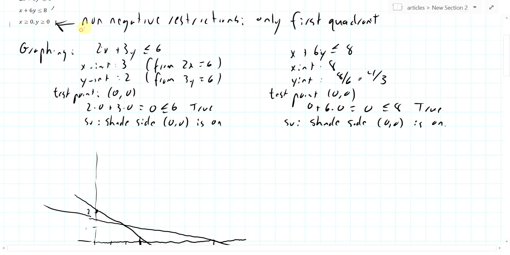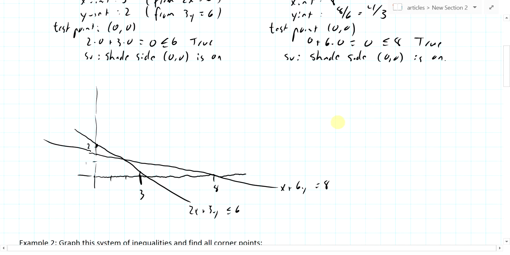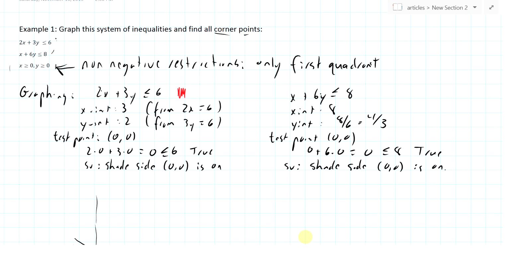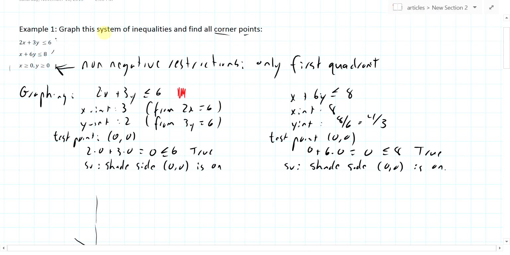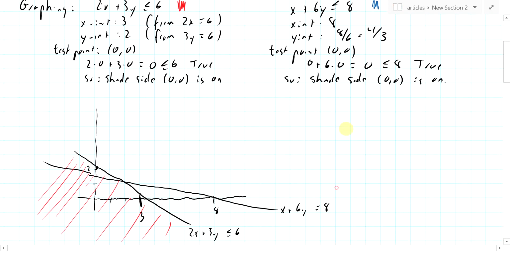We'll go red. So the side we want to shade for 2x plus 3y less than or equal to 6, that's red, is this side of this line. And what other options do we have? Ooh, blue. We'll go blue. So this is the blue one.